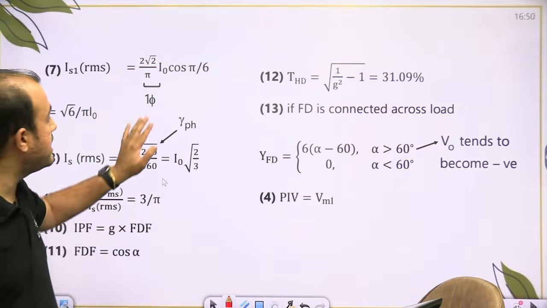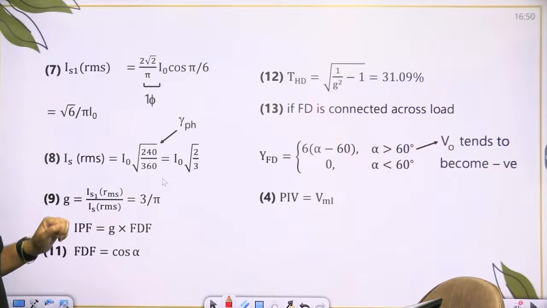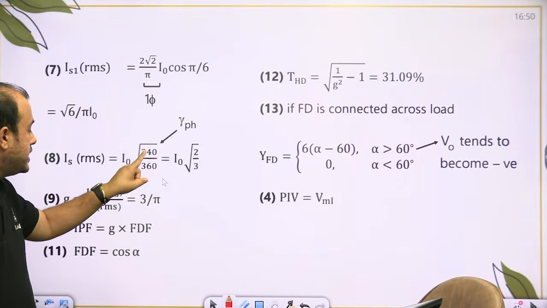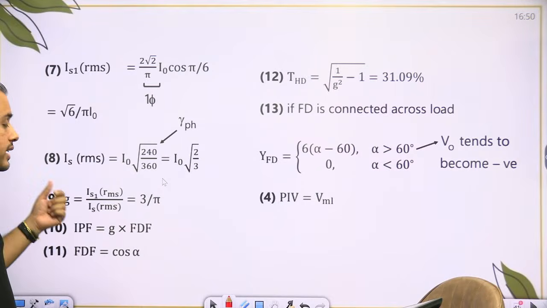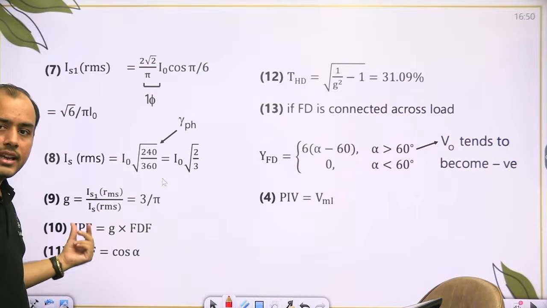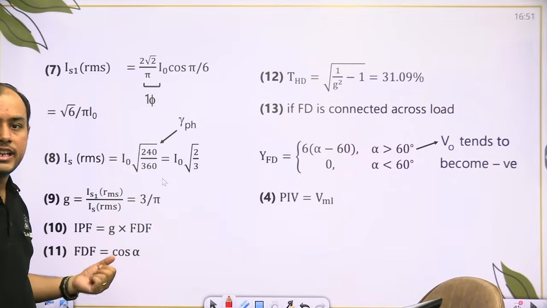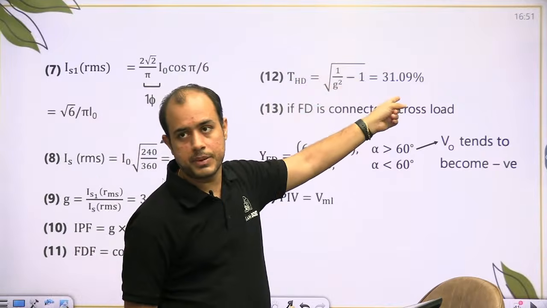Fundamental RMS is the same as single phase, with one extra factor cos pi by 6. For supply RMS, conduction is for 240 out of 360, I naught root 2 by 3. Distortion factor, fundamental by total RMS, is 3 by pi. Input power factor is G into FDF. FDF is cos alpha. THD is 31%.